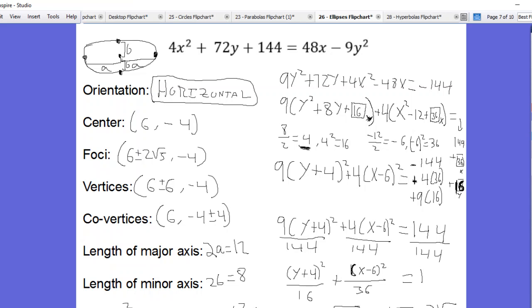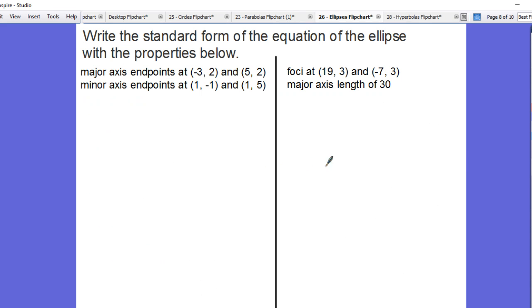So let's look at this situation right here. Major axis endpoints at negative 3, 2, and 5, 2. Minor axis endpoints at 1, negative 1, and 1, 5. So notice what changes here. What coordinate changes for the major axis endpoints, x or y?